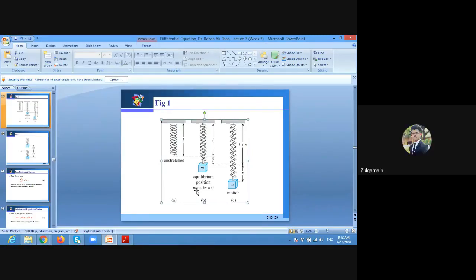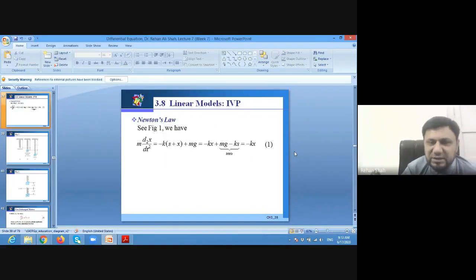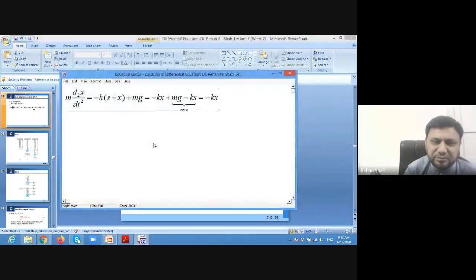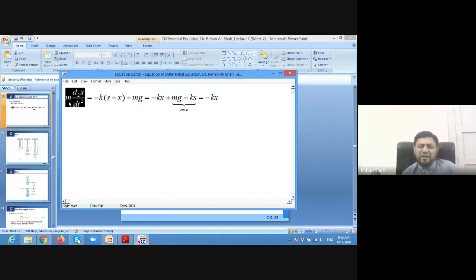Yes sir. Okay. Now let's see. This is Newton's law. On the right hand side, what is this? This is force, ma. What is a? d square x by dt square.